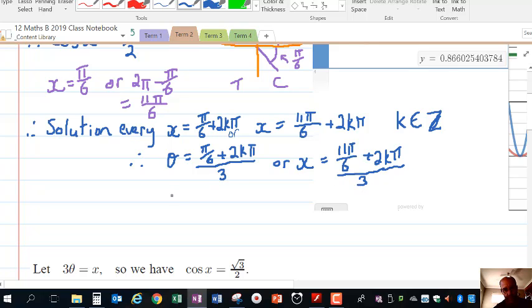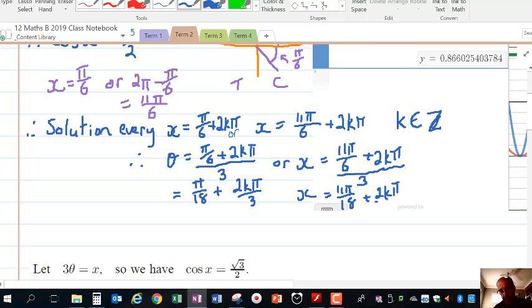And we've got pi on 18 plus 2k pi over 3. Here we've got 11 pi on 18 plus 2k pi over 3.